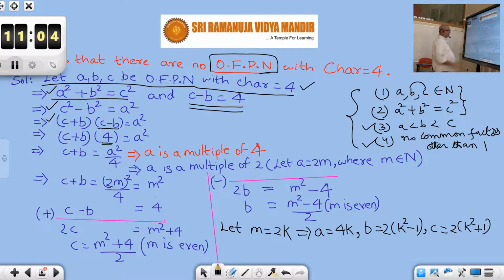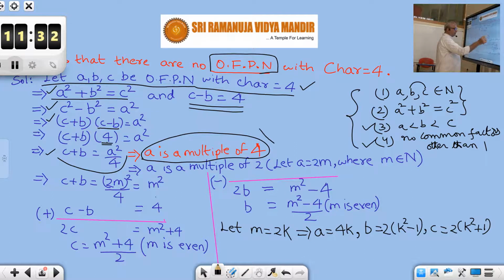C plus B is equal to A square by 4. Up to here, everybody is writing correctly. Afterwards, you see in this red color what I have written. Everybody is writing like this, which is not correct. C plus B is equal to A square by 4 implies, everybody is writing, A is a multiple of 4, so A is equal to 4m. That is not correct.